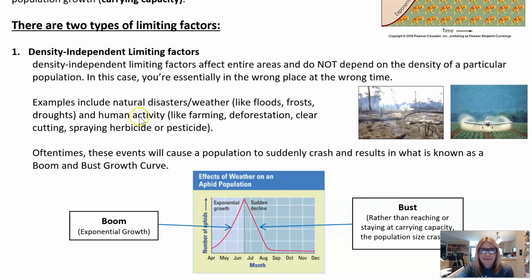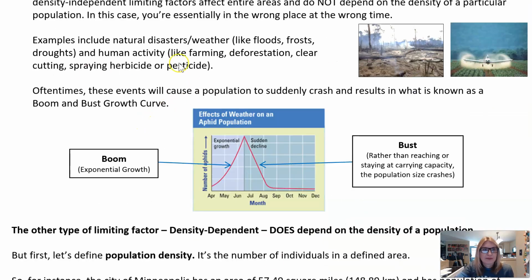And here's an example right here. Sometimes a population will suddenly crash because it's just such a catastrophic event. So it could be a forest fire, or here we're looking at the effects of weather on an aphid population. So maybe there was a frost or something.